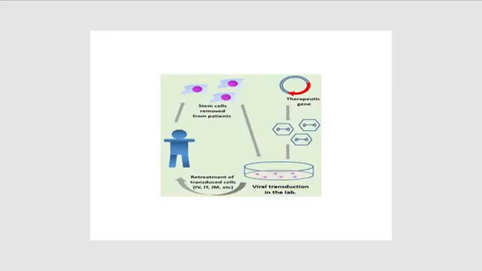The ADA gene is transferred into a retrovirus, which is genetically disabled. The retrovirus with the ADA gene is then applied to T cells collected from the affected individual. The retrovirus infects T cells without the functional ADA.